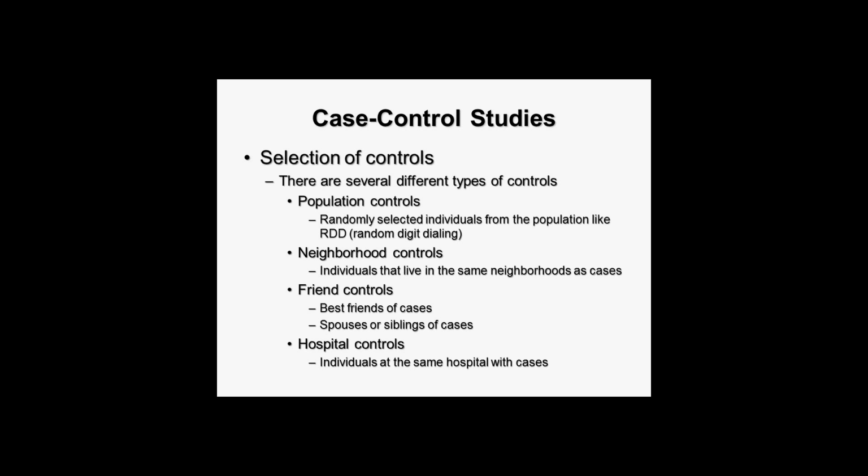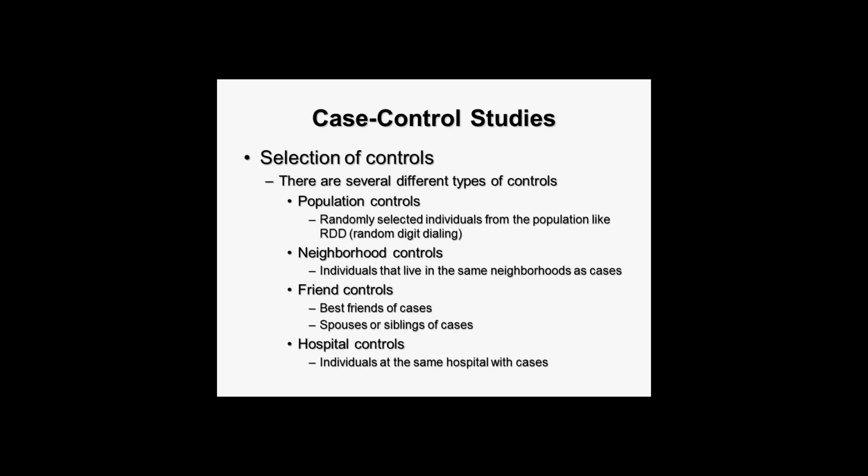Hospital controls are an interesting control group in as much that, A, they're willing to participate in your study because they really don't have much else to do besides sit in the hospital. The only bad thing is that they're probably not representative of the controls right there. And in addition, because they're in the hospital, they're sick individuals, and they may actually have some sort of a disease that prevents them from having the exposure right there.